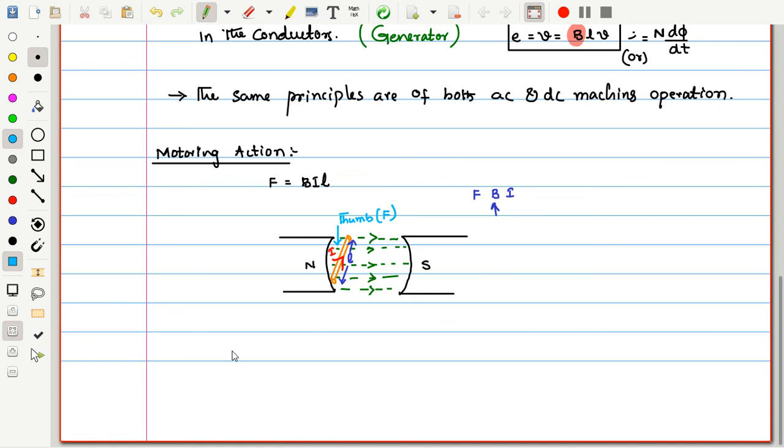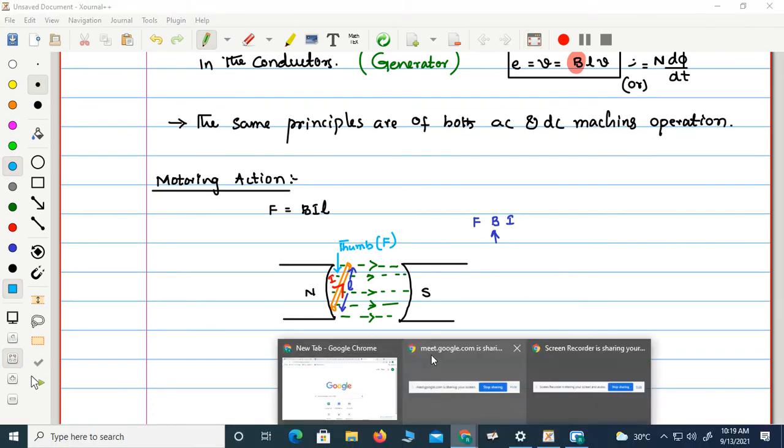So just let me put these things in words: when a current carrying conductor is placed inside a magnetic field, then a force is developed on each conductor, and as this conductor is placed on a certain structure, let me take this diagram.